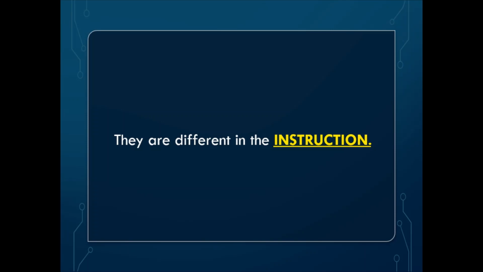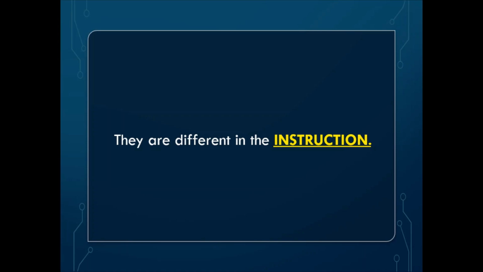That's why I told you earlier, you have to be very critical when it comes to identifying the instruction. Because if you fail to identify the instruction, then everything else will go wrong. For example, if it is asking you to write an opinion, and you wrote a discussion essay, then it's already wrong.